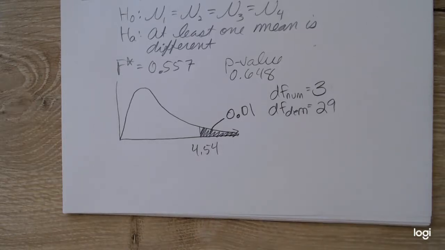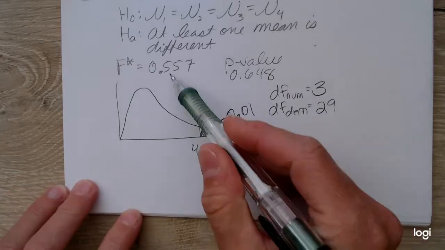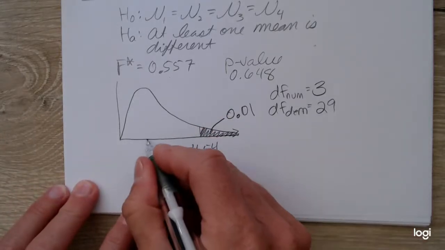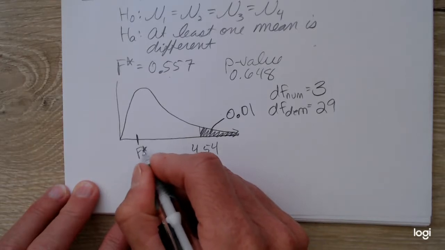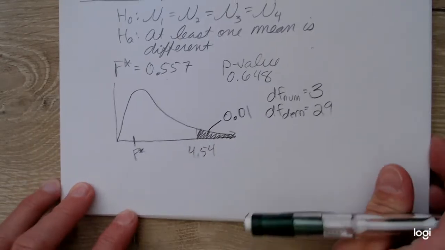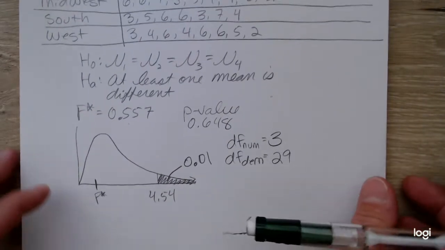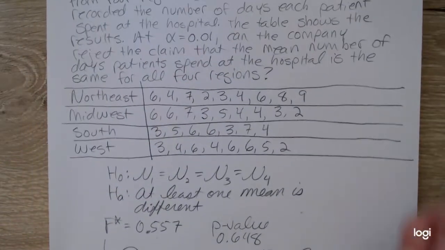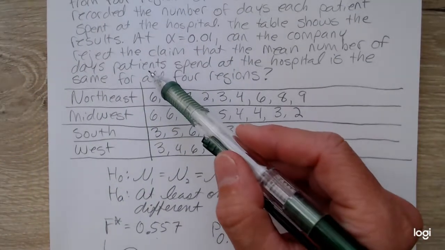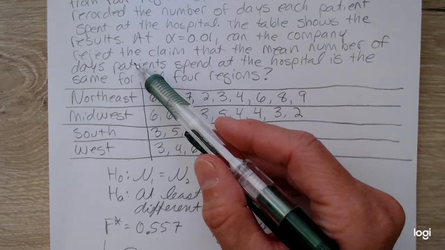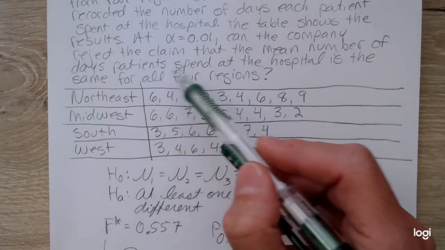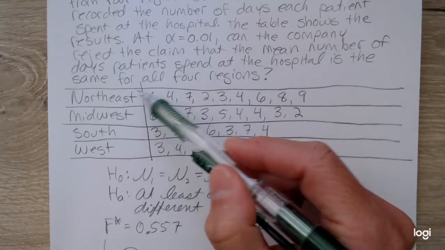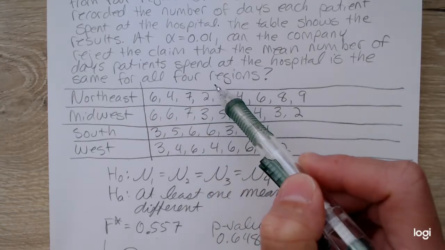So looking at where our test statistic lies in relation to that, we're well in the fail to reject region. Okay, we are nowhere near that critical value. Okay, so the decision is to fail to reject the null, and to answer the question, can the company reject the claim that the mean number of days patients spend at the hospital is the same for all 4 regions?